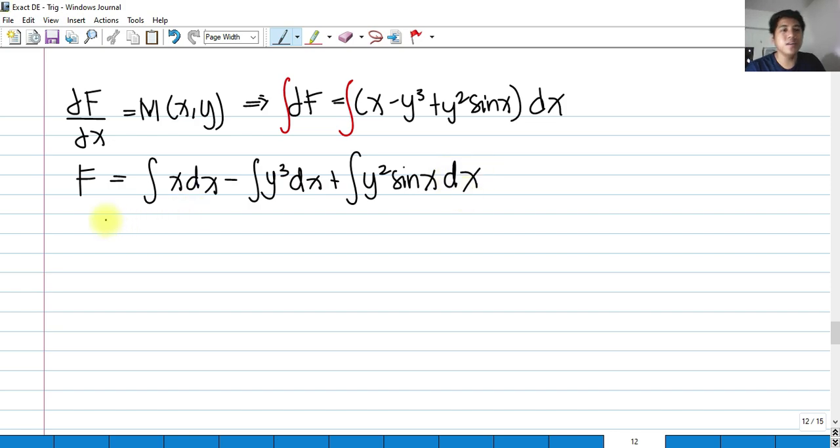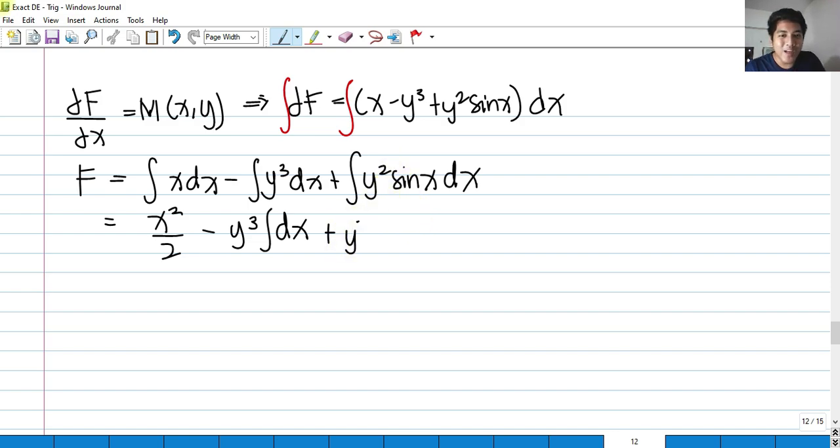We have dx here, and we are integrating with respect to x, so this would be x squared over 2. We can factor out y cubed, we have the integral of dx, we can factor out y squared, because we are integrating with respect to x, so any other variable aside from x is considered, again, as a what? That's right, constant.